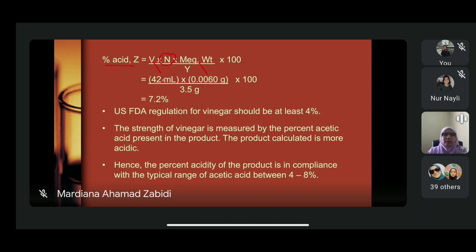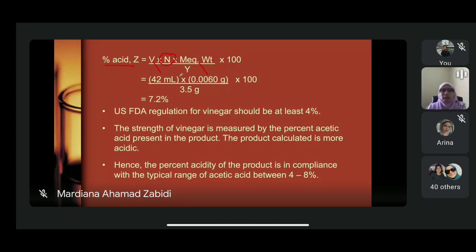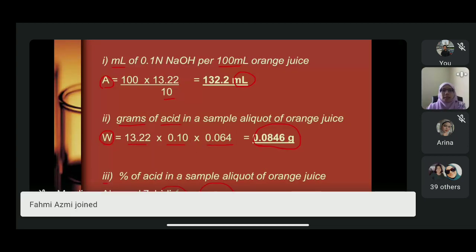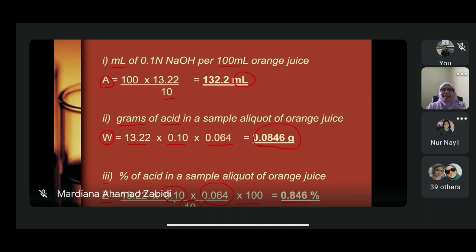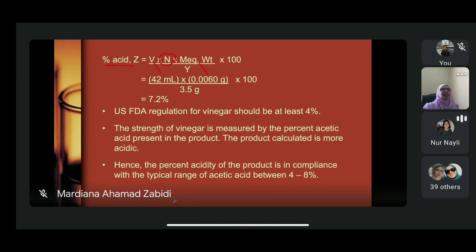Kenapa dekat dalam step yang kedua ni, working calculation, normality tu tak ada? Sebab dia 0.1 kot. Tapi kalau yang soalan macam ni, tengok soalan yang macam ni kena times by 0.1. Nampak tak? Sebab dia dah bagi. Okay, ini yang, this one is tricky.